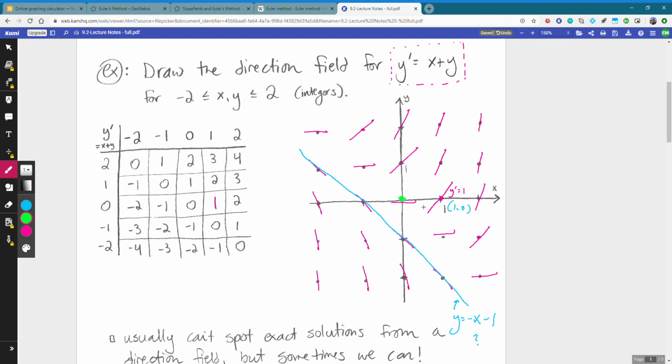From our direction field, the slope that we'd want to move out with is slope 0. And so we'd want to move out, say we're moving to the right. Here's where we'd have to choose, how far do we want to step? Just for this first experiment, let's say that we're going to move out 1 in x each time. That'll be our step size, it's called. So if we move out 1 in the x with that slope 0, we would end up right here at this point, 1, 0.